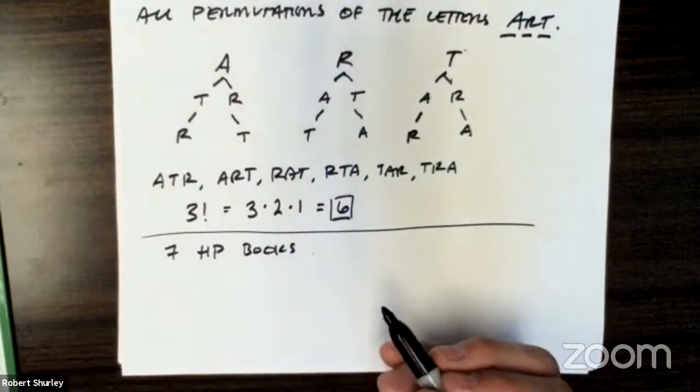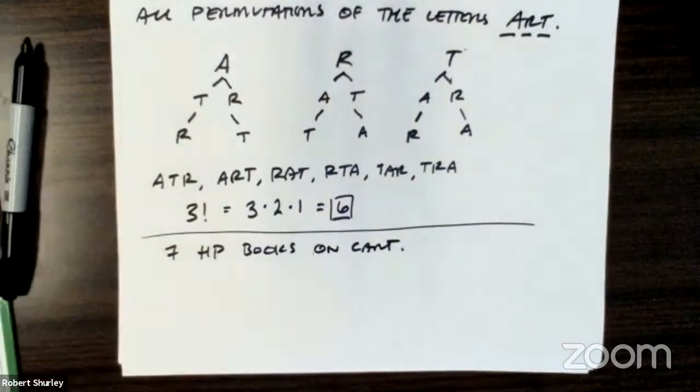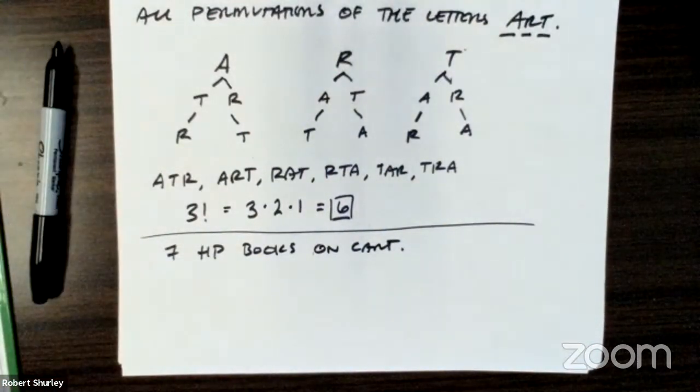So you've got 7 Harry Potter books on the cart, and you start to think, I wonder how many different ways I can arrange these Harry Potter books. I'm bored. I'm taking this math class. It intrigues me. And I just want to know how many different ways I could actually arrange these 7 books.